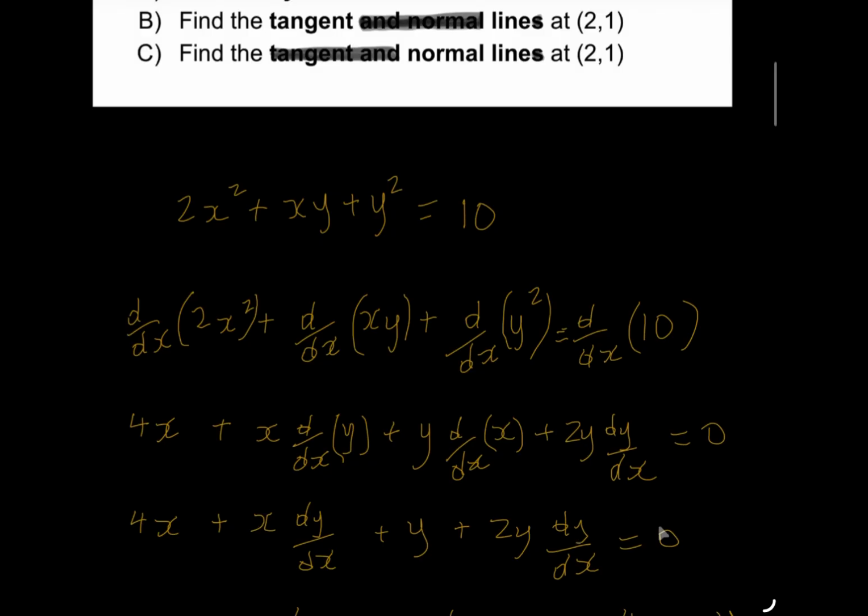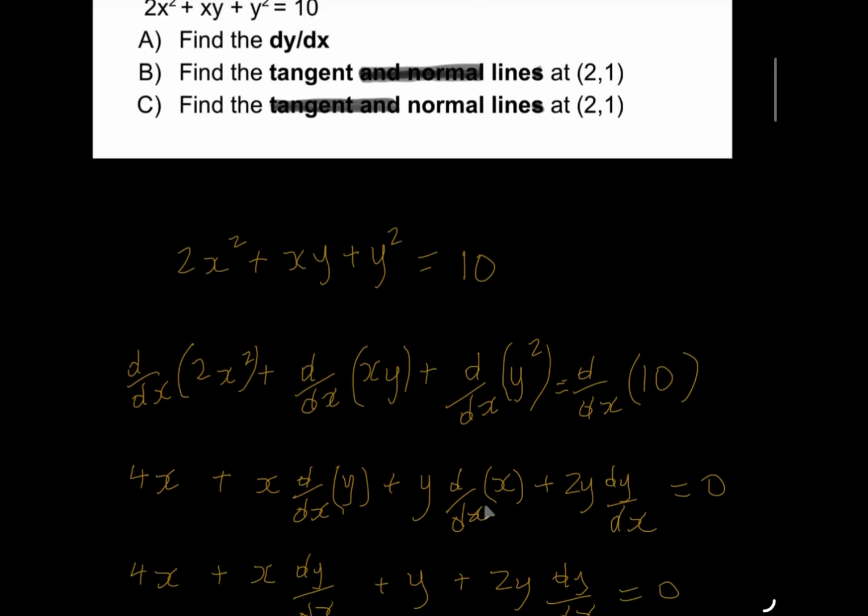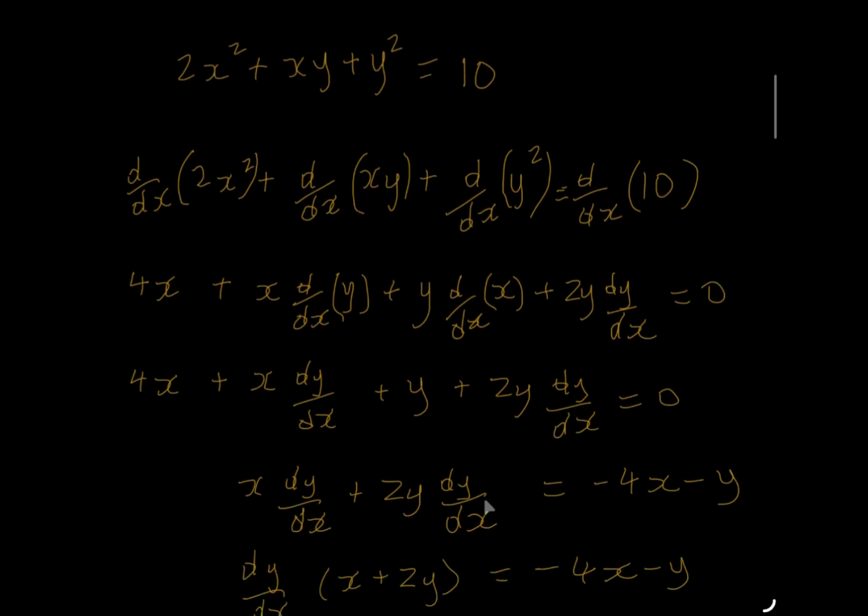So continuing down, you're going to try to put the dy dx's together and everything else on the other side. So we have x times dy dx plus 2y dy dx is equal to, if you subtract 4x and y from both sides, 0 minus 4x minus y. That's going to be negative 4x minus y.